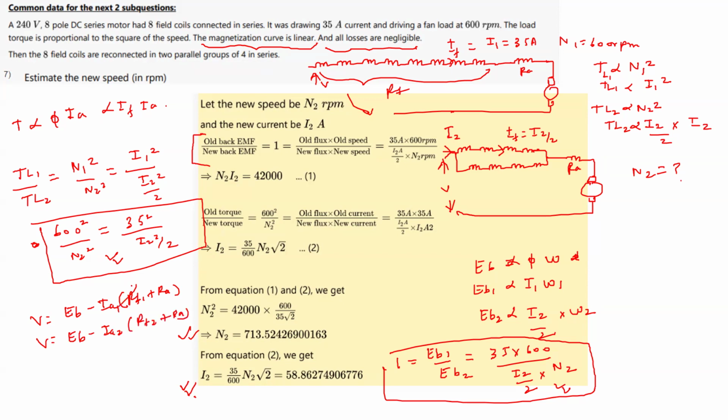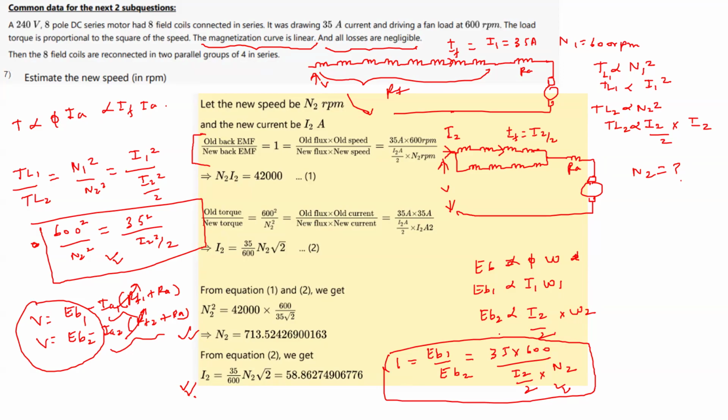So they are saying to neglect the losses. Neglecting the losses means V remains the same in both the cases. So like that they have taken the condition that the back EMF remains the same in both the cases.